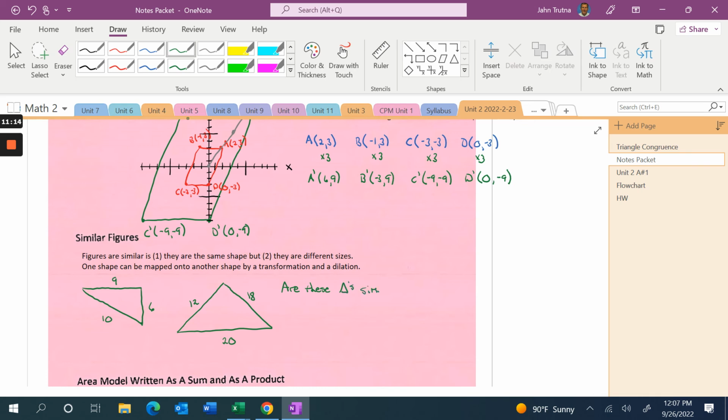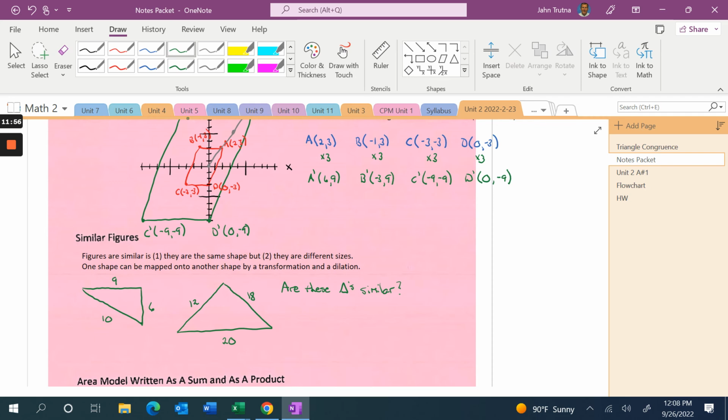Okay, well, there are two things that have to happen. They have to be the same shape. Yep, they are the same shape. They're both triangles, but they have to be different sizes. And they are different sizes, okay? And then it says one shape can be mapped onto the other shape by a transformation and a dilation. So what it's saying is, can you take this small triangle and rotate it or reflect it or translate it and then dilate it to make it be mapped completely perfectly on top of the other triangle?